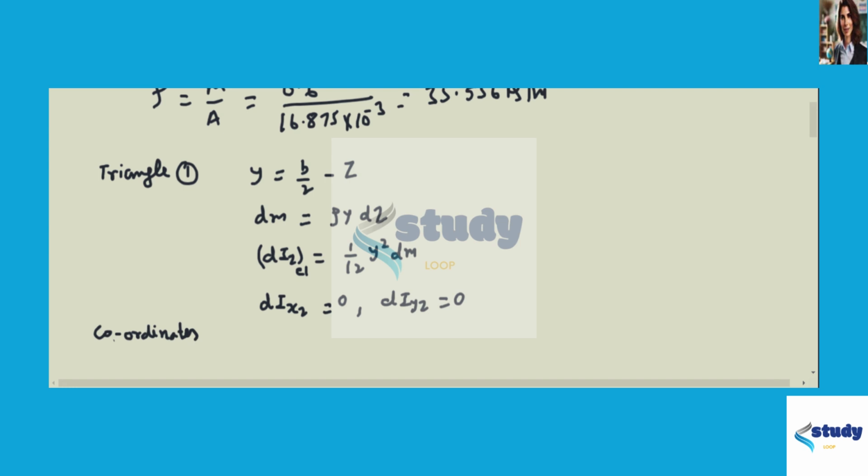Coordinates of the elemental mass center: x element is minus b, y element is half y, z element is z.